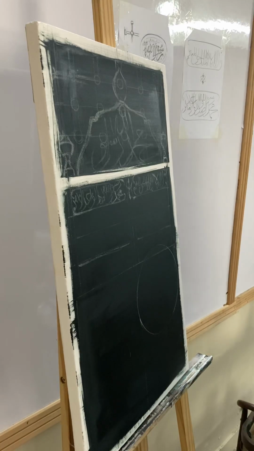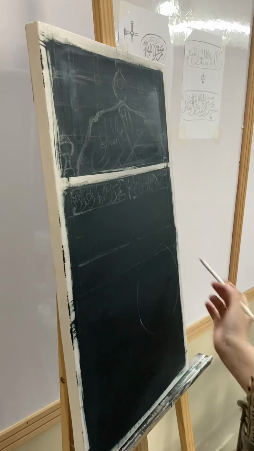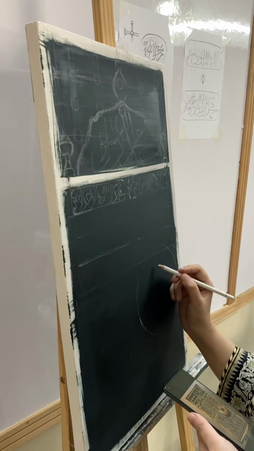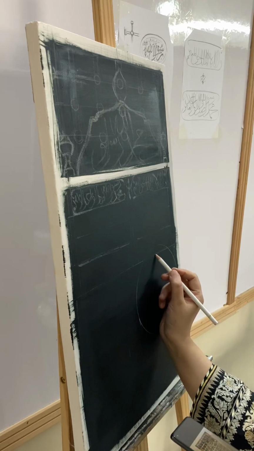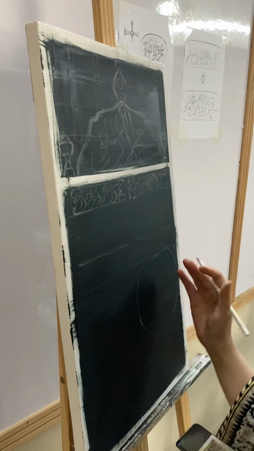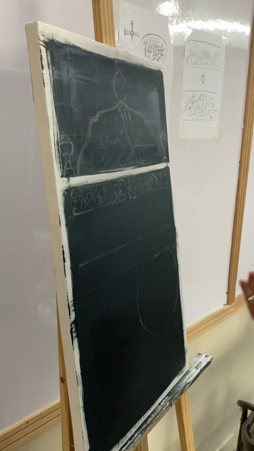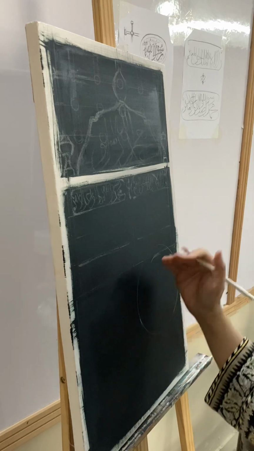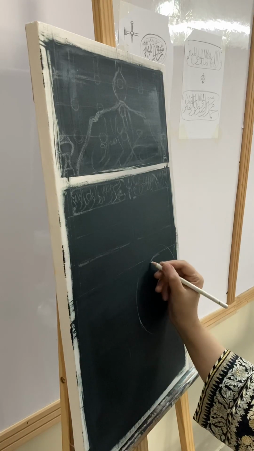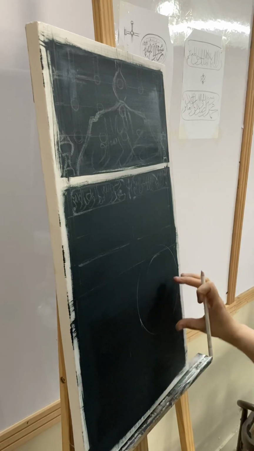So I got a circle, and for the inner circle, I'll just follow this outer circle. Following this outer circle, I'll just try to draw the inner circle. The circle closer to the calligraphy is a bit closer to the circumference of the outer circle, and this part is a bit broader.